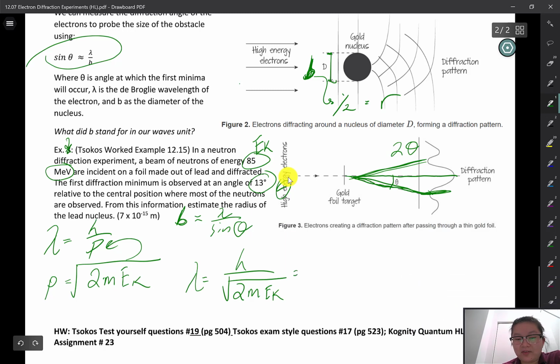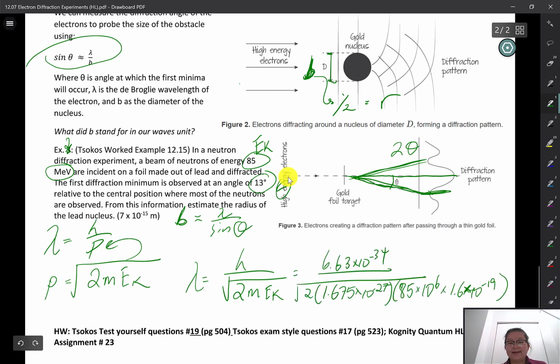So substituting all that in, we get Planck's constant over the square root of 2 times the mass of the neutron that's in your data booklet times 85, and don't forget it's mega electron volts, times 10 to the power of 6, and then the elementary charge. This wavelength is going to give us 3.1 times 10 to the power of negative 15 meters.